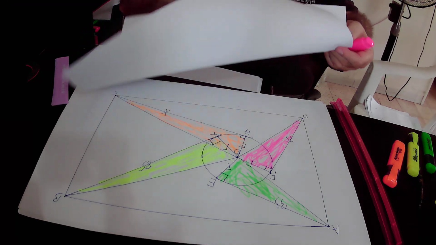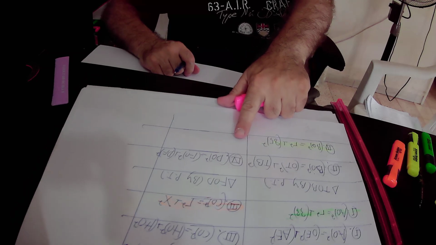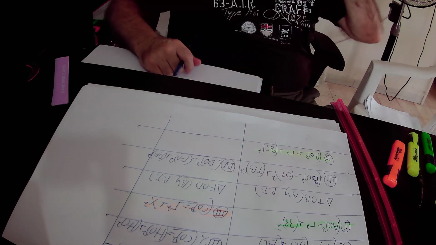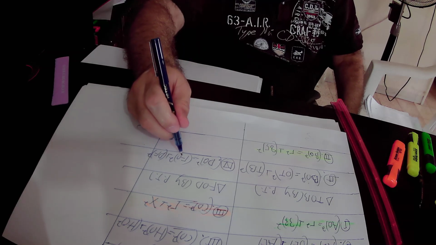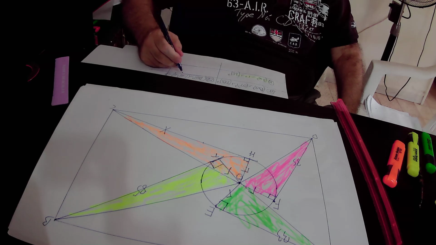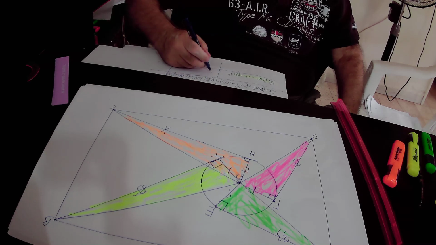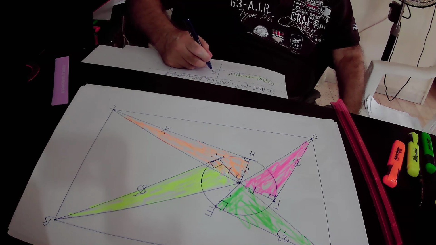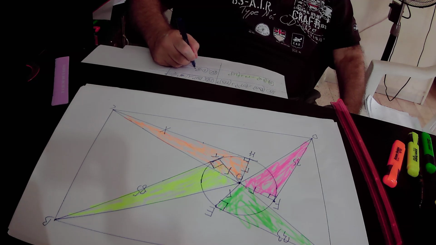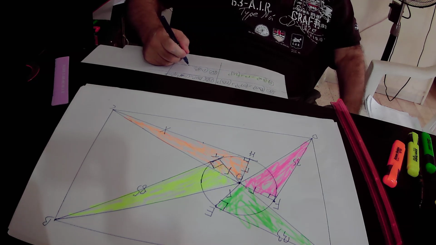Repeat again, in the right pink triangle FOD, according to the Pythagoras theorem, DO squared equals FO squared plus DF squared. So DO squared equals FO square.